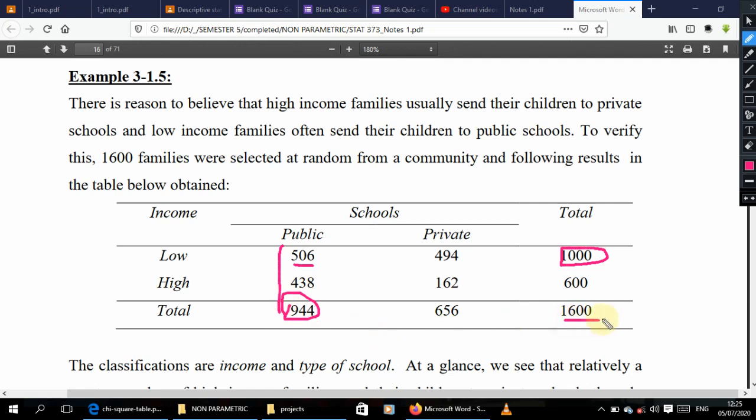N. Divided by n. That would be the expected frequency. Then you do the same thing here. The row total is this one, but the column total remains this, divided by n. That will also give you that, and you get all your expected frequencies. When you finish, you do observed frequency minus expected frequency, squared, divided by expected frequency. Do the same thing for each cell, and when you finish, you sum the results. That will be the chi-square value that you will use in your test.